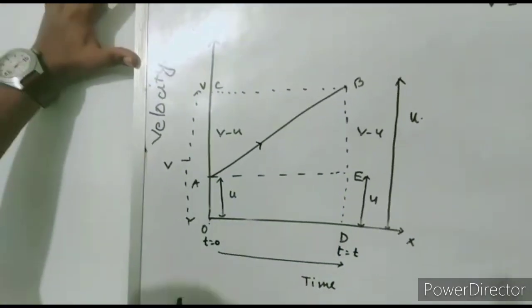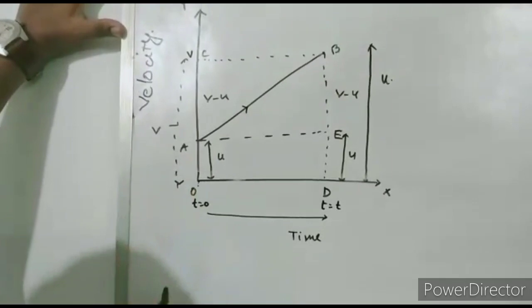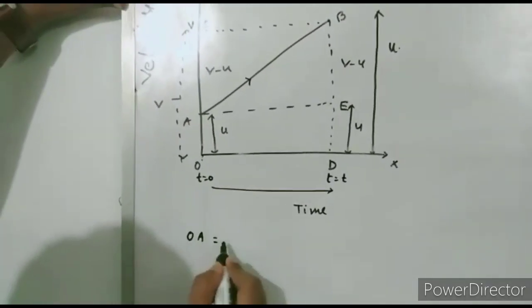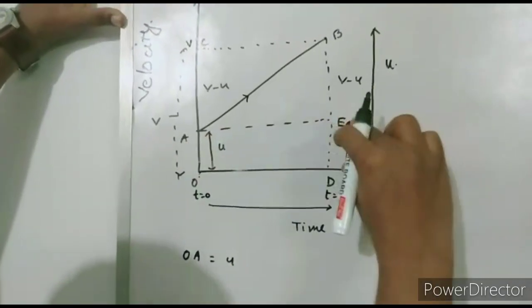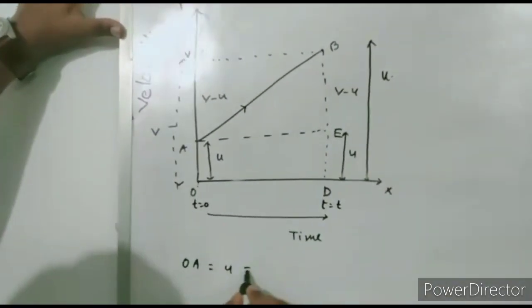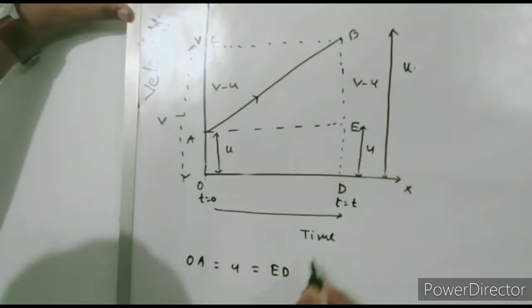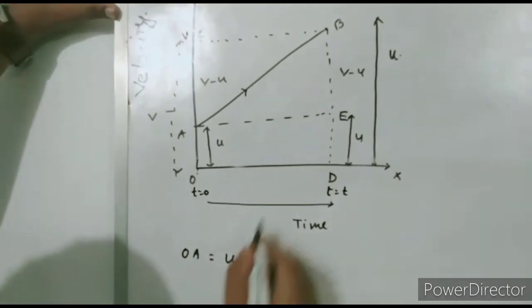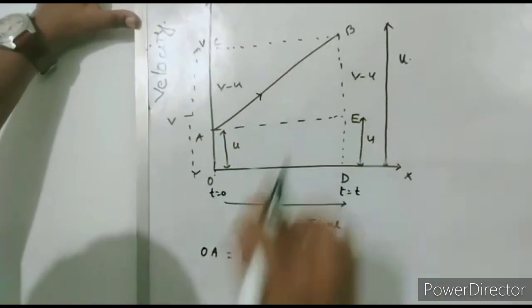It is evident from the graph that OA equals u, and OA and DE are parallel to each other, so ED is also u.